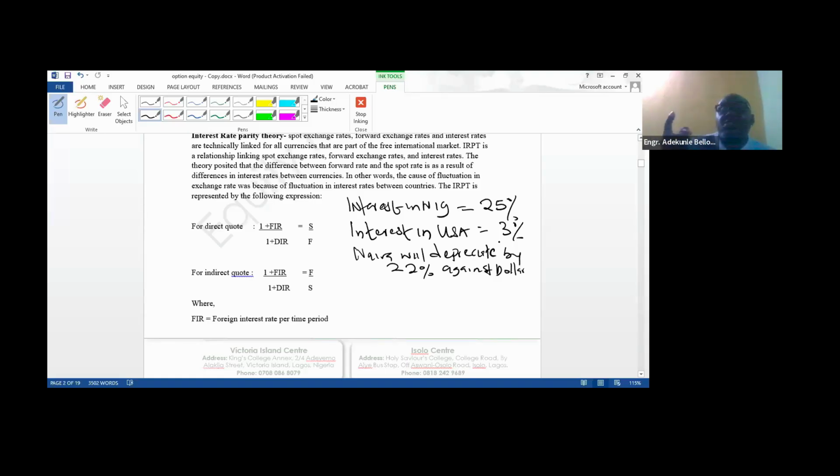One of the reasons why Naira is falling is because interest rate in Nigeria is very high. If you go online now, check online. What is the interest rate in Nigeria? Now check the interest rate in Ghana, or check the interest rate in US.